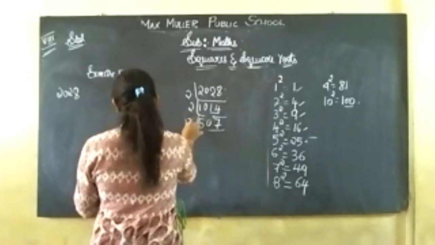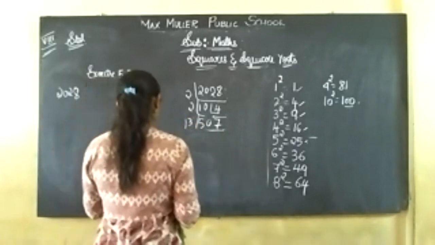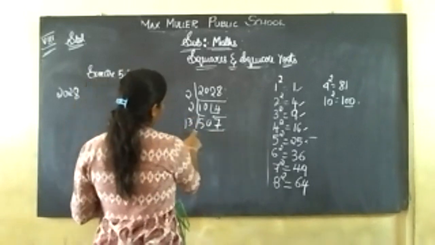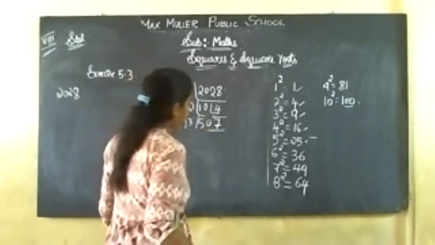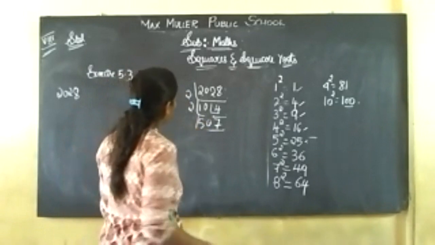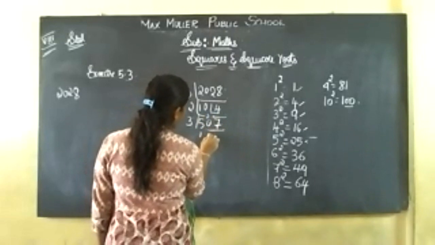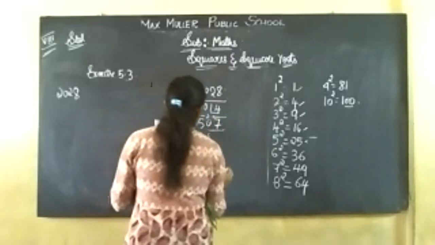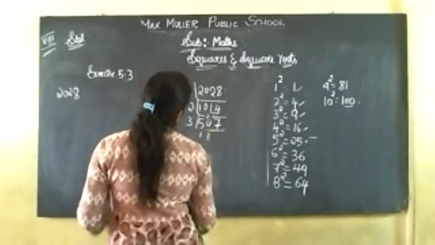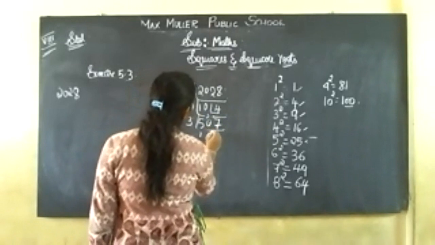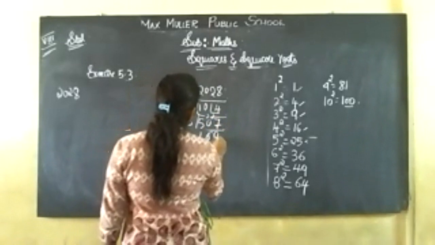By 13 if you do, 3 ones are 3, 4, 5, 2 carry. 3 eights are 24, 3s are 18, again 2 carry. 3 nines are 27.